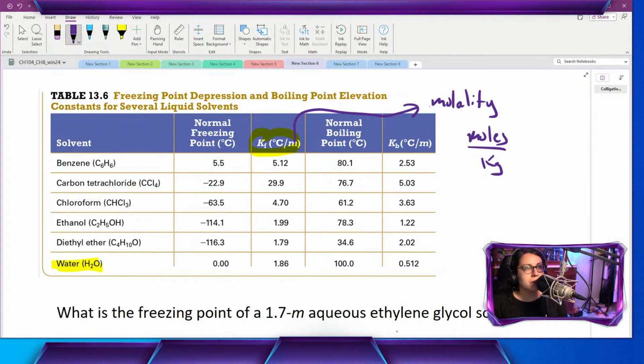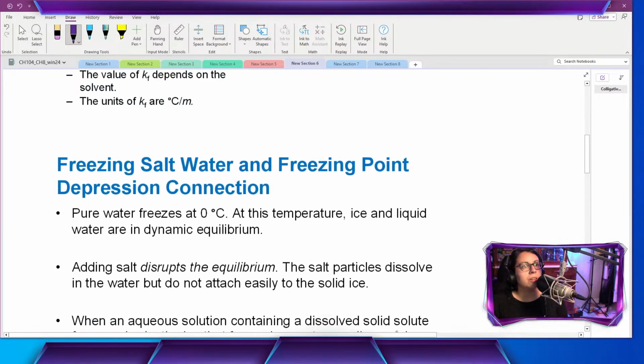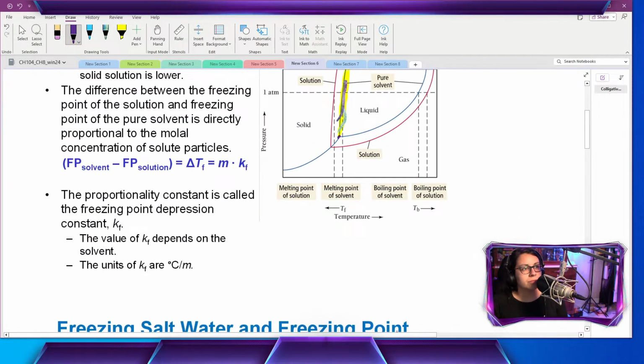So starting at 0 and then minus that, that would be a negative 1.86 degrees Celsius for a 1 molal solution. And so again, watch those units. So we end up with our change in temperature is equal to molality times our Kf. And so that molality will cancel with your units of Kf to give you degrees Celsius.